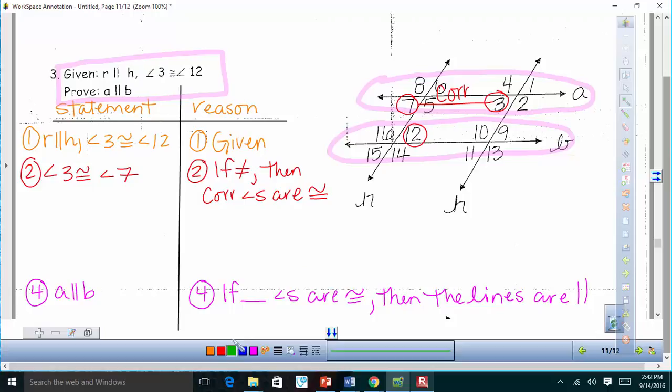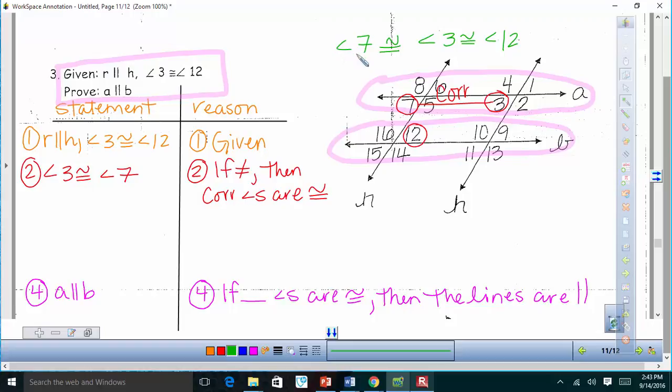So, Grissom? Yes, very good. So we're going to look at our statement above. Angle 3 is congruent to angle 12. We also found that 3 was congruent to what? That's right, angle 7. So we're going to put 3 is congruent to angle 7 up here.